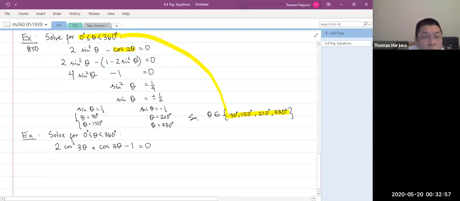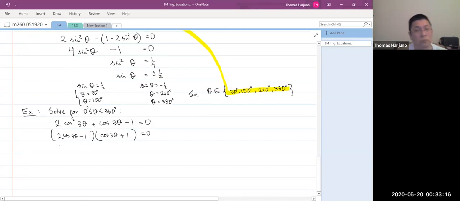So let me solve that in the general case first. I will factor this. It should be +1 here and -1 here. Right, so cosine 3 theta equals 1/2, cosine 3 theta equals -1.